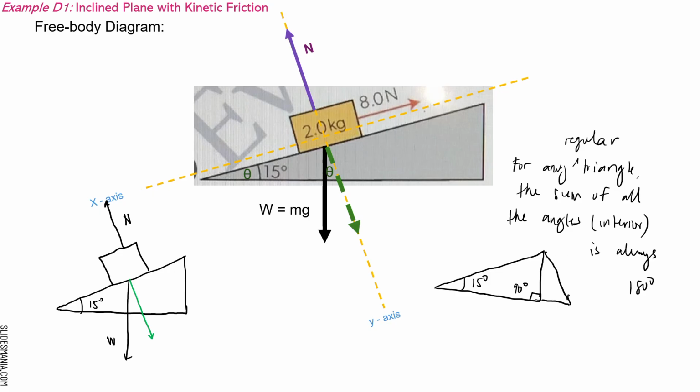So remember this theorem from geometry. If two of the angles are 15 degrees and 90 degrees, then what is this angle right here? That angle is simply 180 minus (15 plus 90) degrees, which gives us 75 degrees. So this angle right here is 75 degrees.